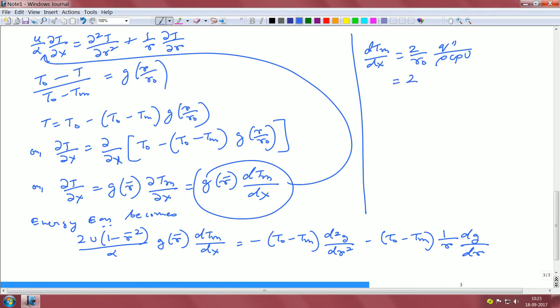So, 2 by R naught into h times T naught minus Tm divided by rho Cp u, correct. And h, if you recall, is nothing but the Nusselt number, which has to be a constant from our scaling argument, of the order 1. So, using all these expressions, let us substitute it back in the energy equation.